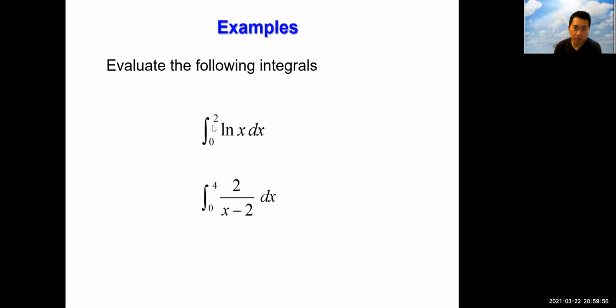Now you can do these two examples the same way, which I'm going to skip. Don't forget that when you encounter an improper integral, when you recognize the function is not defined at the endpoint 0, the lower limit, then that's equivalent to replacing 0 with a and taking the limit where a approaches 0 from the right.